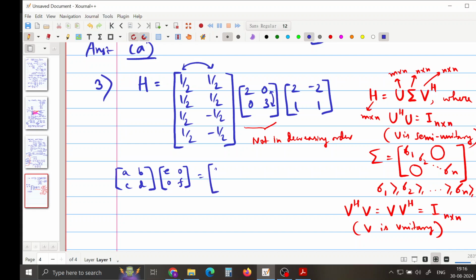It will be simply AE, BF, CE and DF, right? What I am saying is, if I interchange the columns here, I'll get B A D C, and if I interchange the rows here, I'll get 0 F, E 0.